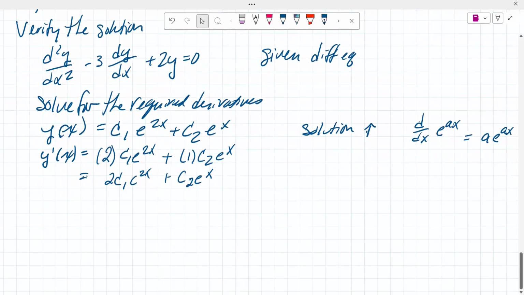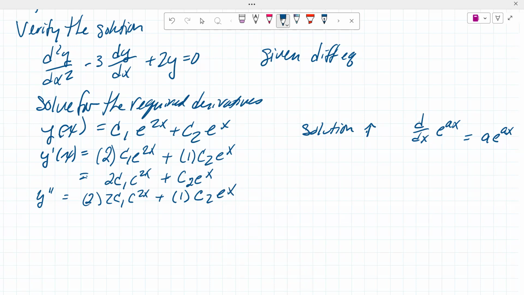Now we also need the second derivative. Second order differential equation, you need 2 derivatives. So we're going to do y double prime equals, and the same thing again. So it's going to be 2 times 2c1e to the 2x plus, and our coefficient again is 1, so 1 times c2e to the x. Then we can simplify that.